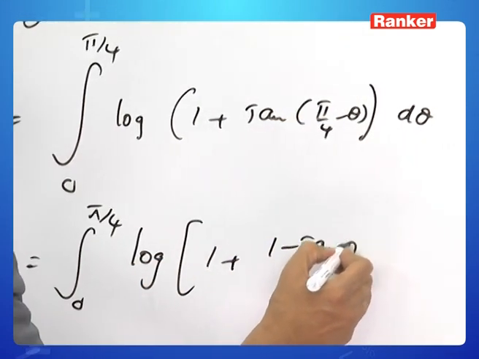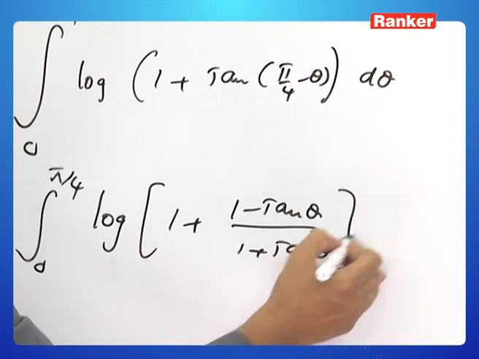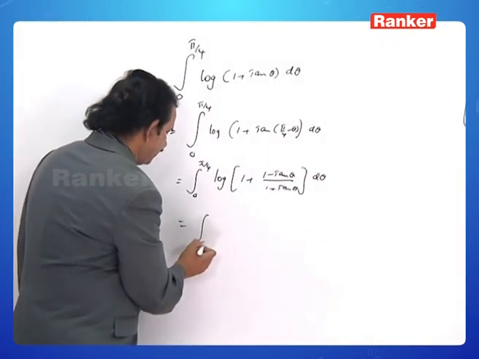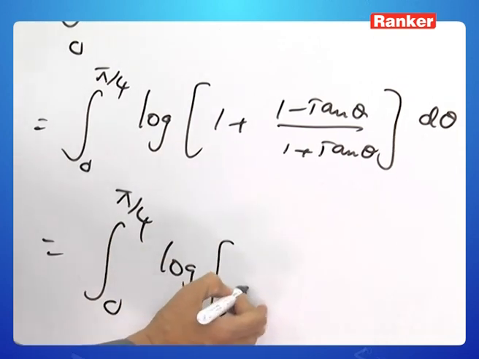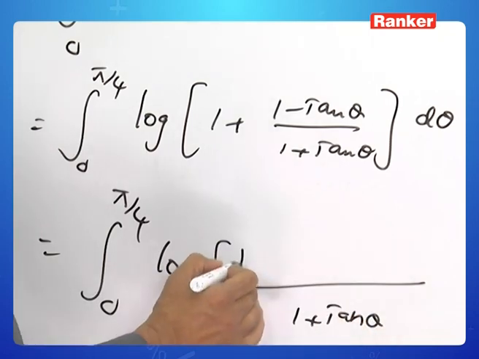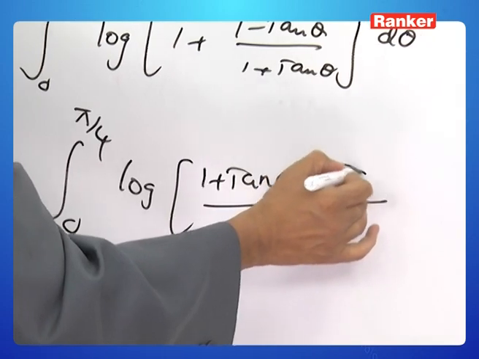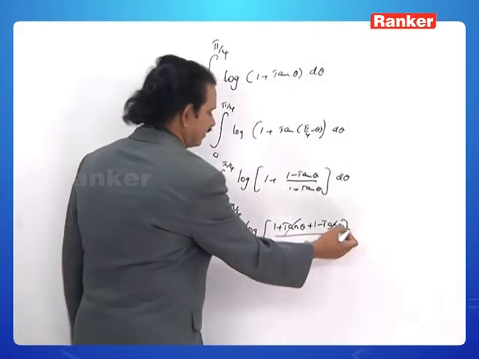It is 1 minus tan theta by 1 plus tan theta d theta. This is equal to integral 0 to pi by 4 log of, LCM is 1 plus tan theta, and in the numerator 1 plus tan theta plus 1 minus tan theta, d theta.